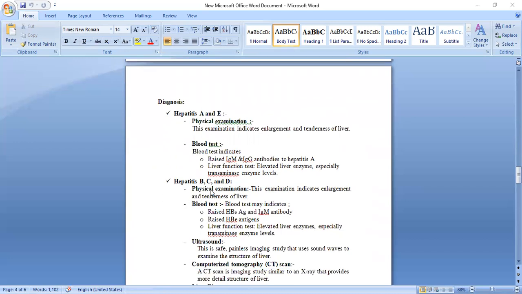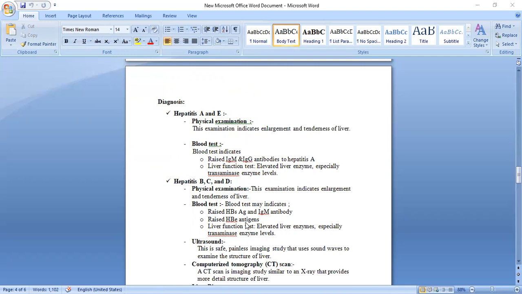Now see hepatitis B, C, and D. Physical examination indicates the same, that is, enlargement and tenderness of the liver. Blood test: here also raised HBsAg and IgM, immunoglobulin M antibodies.